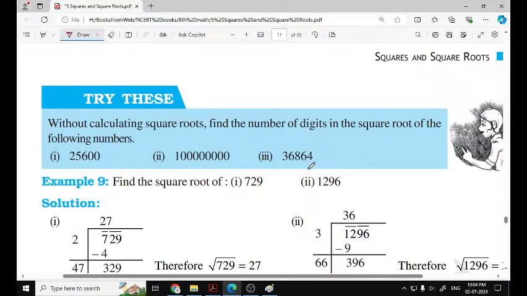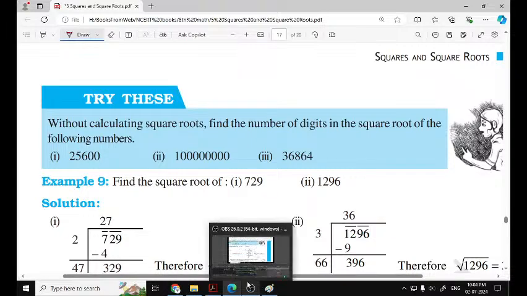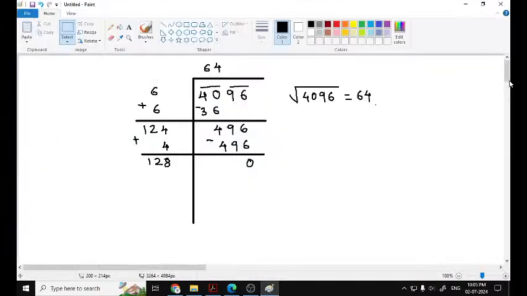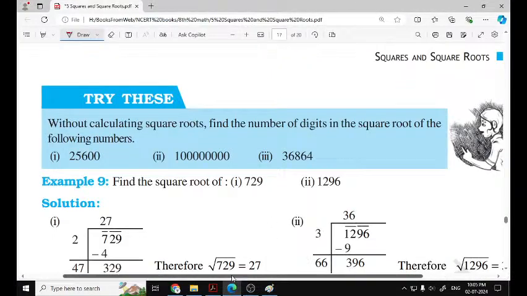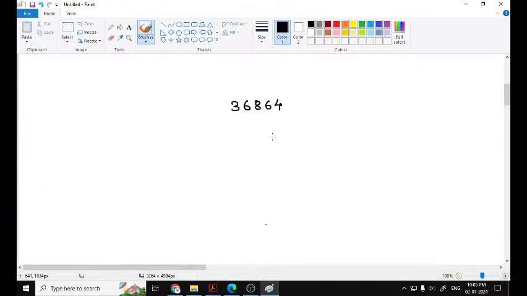Let us find out square root of this number, 36864. Start from rightmost digit, divide the digits in pairs.